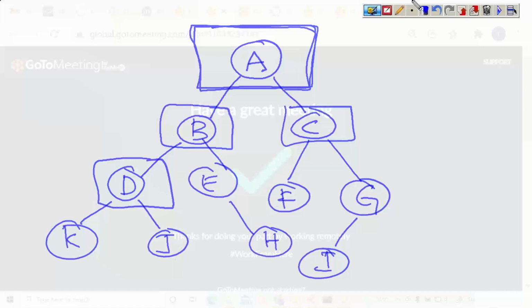How can we traverse the entire tree? What are the different ways available to traverse the entire tree? There are totally three approaches available. First one is in order.